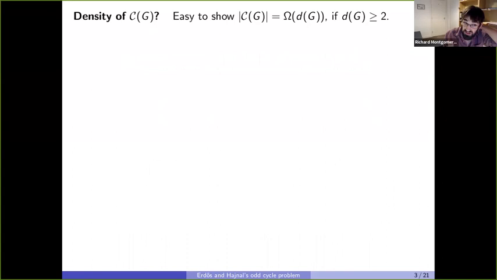For the density of the cycle space, it's very easy to show that the number of different cycle lengths is at least linear in the average degree of a graph, as long as there are some cycles. But those cycle lengths could be really long, so this cycle space could be really sparse.